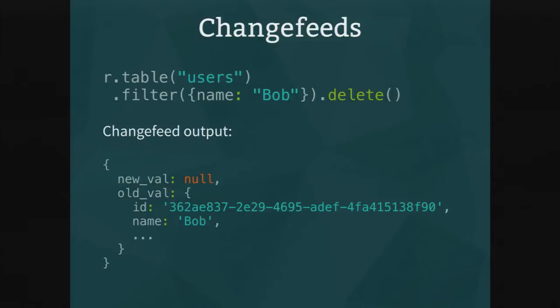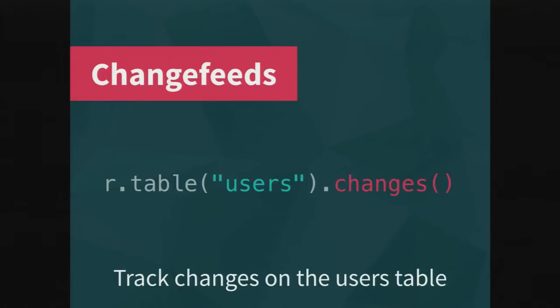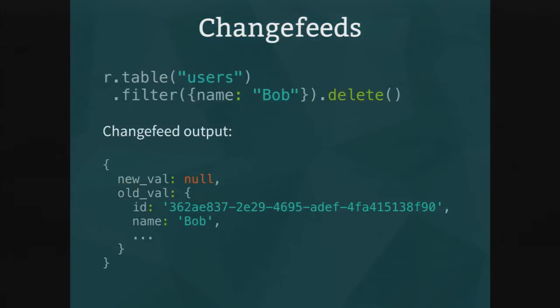So here's an example. We've got this simple ReQL query at the top, where we're going to delete a user whose first name is Bob. And really, this would delete any user whose first name is Bob, because we're using this filter operation. So if there are multiple users whose first name is Bob, this would delete all of them. But what you see below the query is the change feed output. Let's say we had that .changes, that change feed, attached to the table.